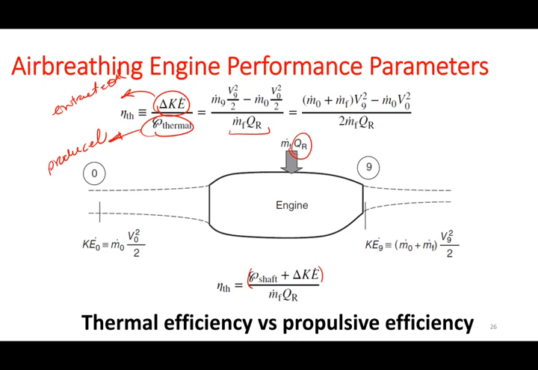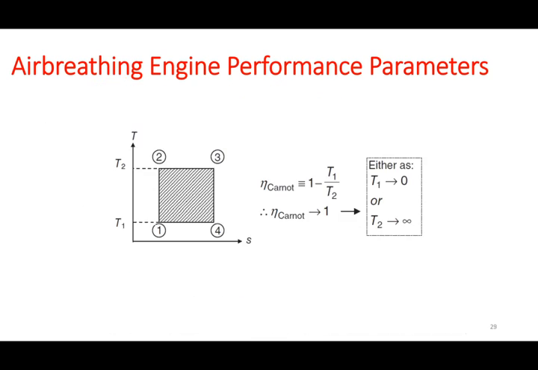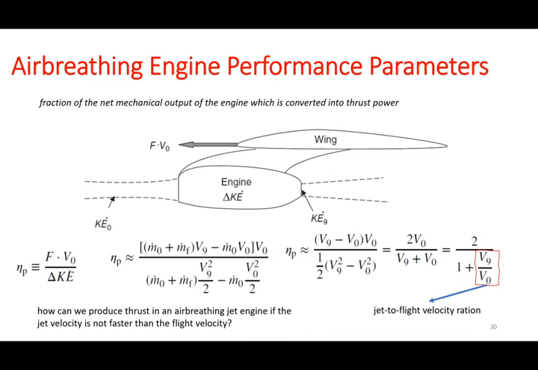When you have a higher ability of extracting more mechanical energy from the heat input, it means that you're more thermally efficient. But we also have another efficiency that we have to be mindful of, and that is called propulsive efficiency.